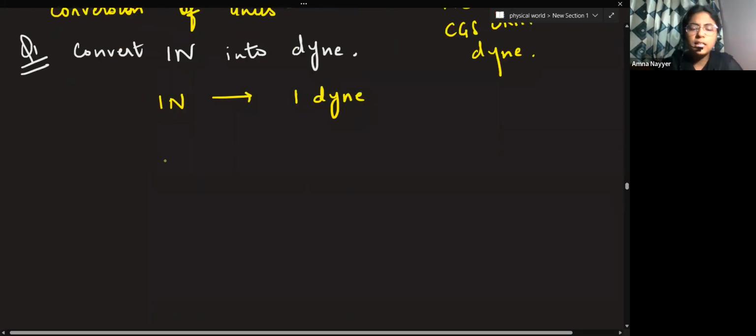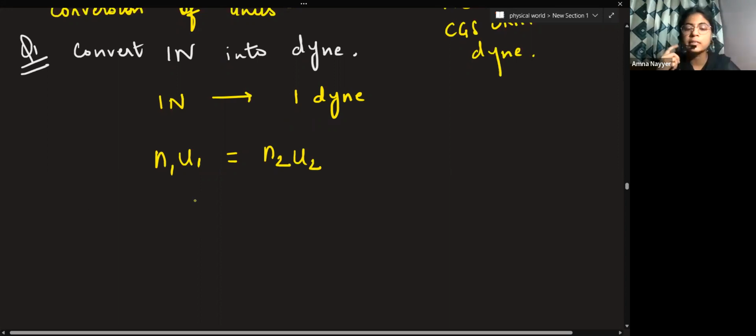Write the magnitude, 1, as N1. Then whatever unit is there, this is U1, equal to 1 dyne. From here, the magnitude number is N2 and the unit is U2. This is the standard way of calculation.